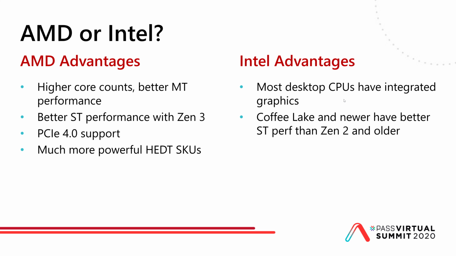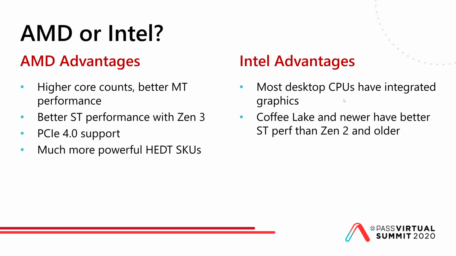Now, you got to think about, do I want an AMD-based system or an Intel-based system? You probably can tell by what I've been saying so far what I'm going to pick, but AMD has certain advantages and Intel has some advantages. AMD has higher core counts and better multi-threaded performance, both with their mainstream systems and their HEDT systems.